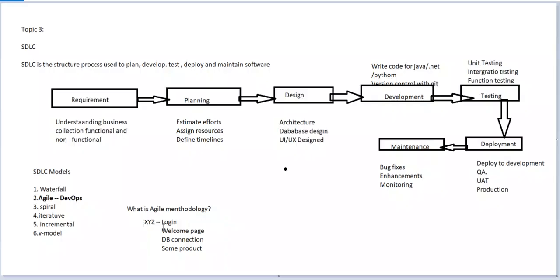Today I want the login page, tomorrow I want to release this. That helps agile methodology. Agile is an iterative software development methodology where work is delivered in small increments called iterations or sprints.